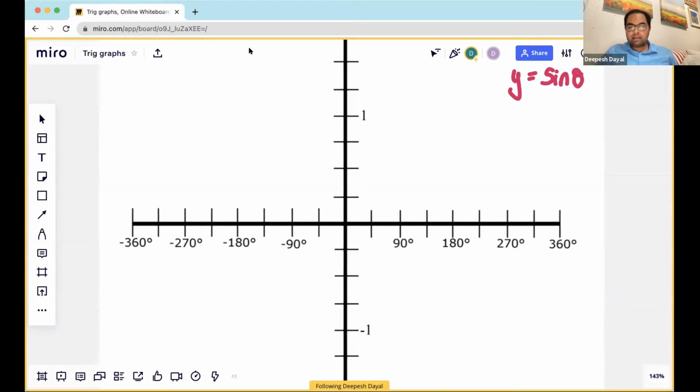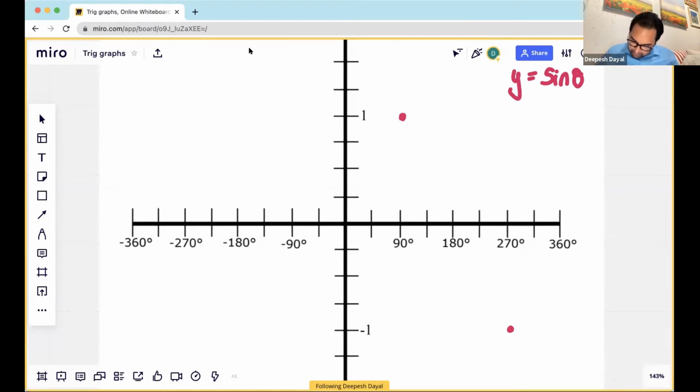Now this graph has turning points at 90 degrees and 1 there, and 270 degrees and -1 here. It also has turning points on the negative side, which is -90 degrees and -1, sorry.